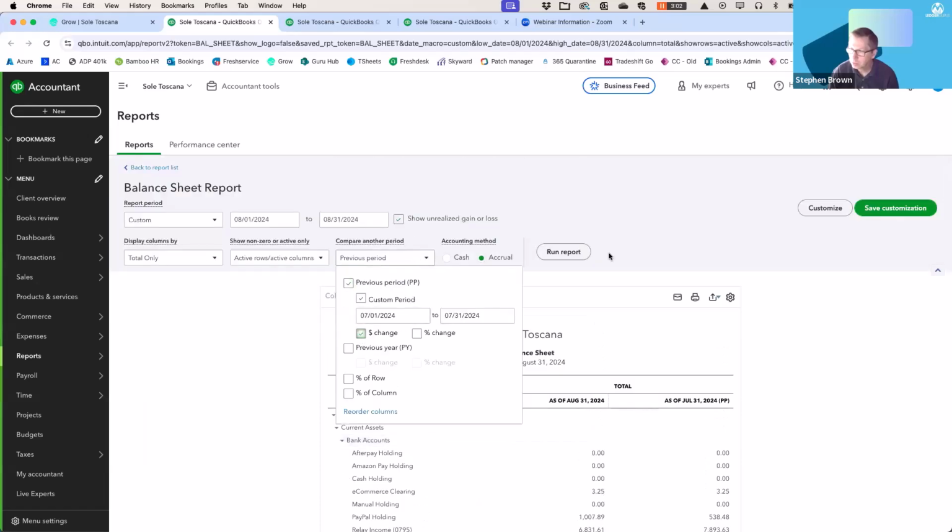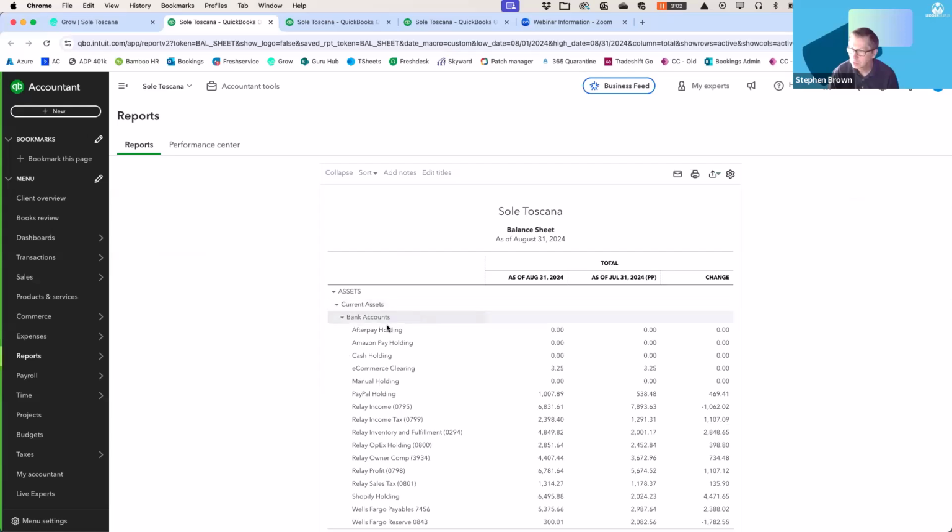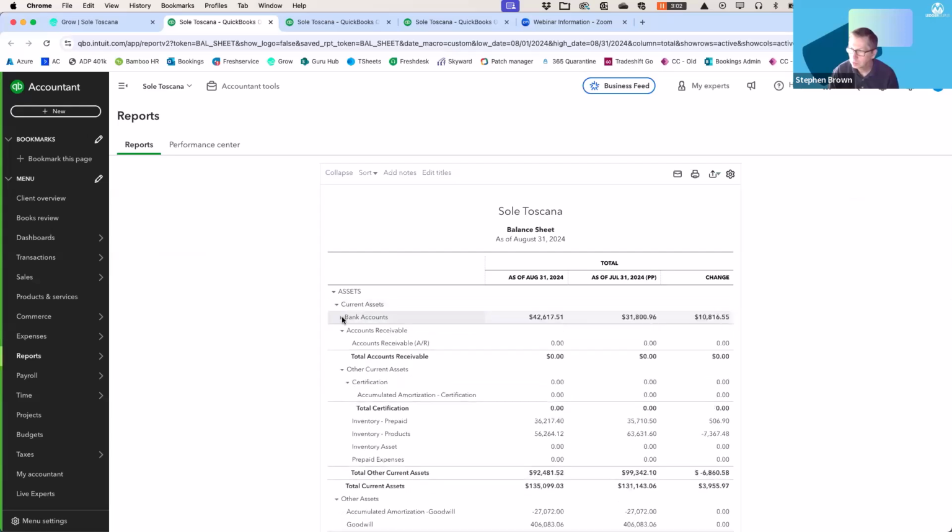I'm going to do the dollar change. But I actually increased 10,000. How did that work? And my inventory decreased. So I sold more inventory than I purchased. That probably accounts for some of that.